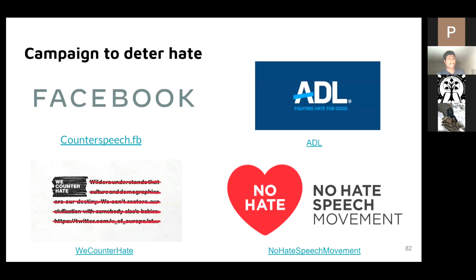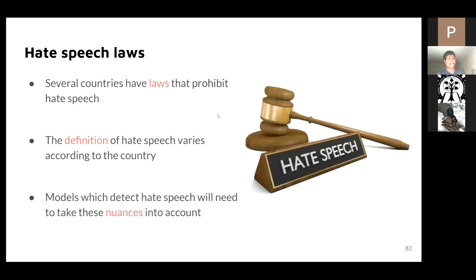Among them is the counter speech campaign by Facebook. There is also ADL, which is trying to make the online space much safer. Then we have the No Hate Speech campaign that is currently in Europe, and We Counter Hate is another organization which is trying to make the Twitter space more safe for everyone.